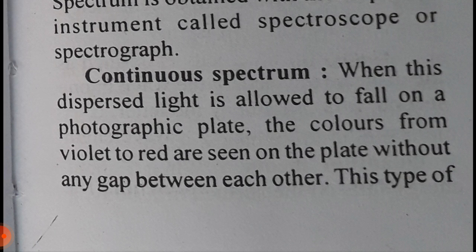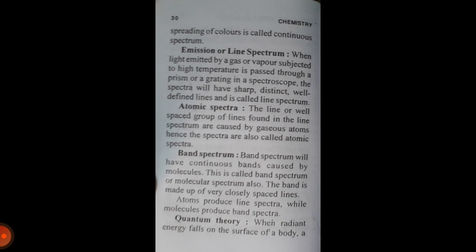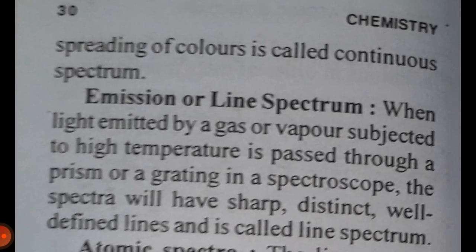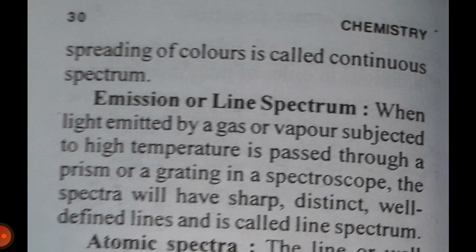Continuous spectrum. When this dispersed light is allowed to fall on a photographic plate, the colors from violet to red are seen on the plate without any gaps between each other. This type of spreading of color is called a continuous spectrum.